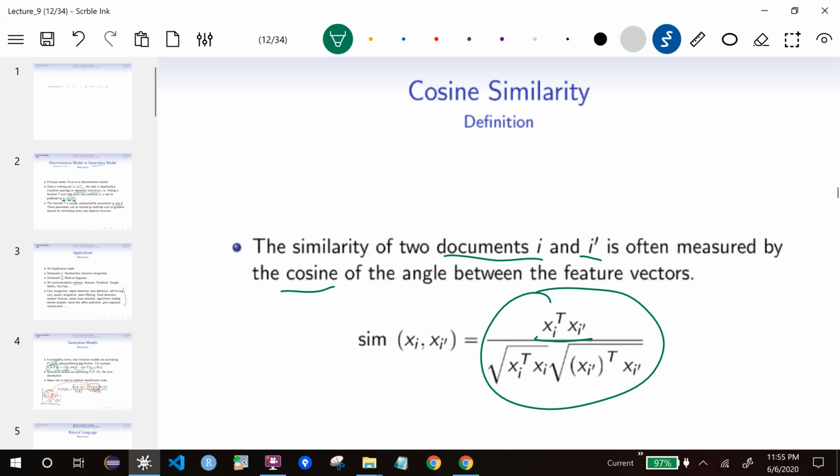You can use the bag of words feature, or you can use the Tf-idf feature, whichever one, and then you just take the dot product and normalize it, and it represents the cosine of the angle in between the two vectors. And we use this to represent how similar two documents are.